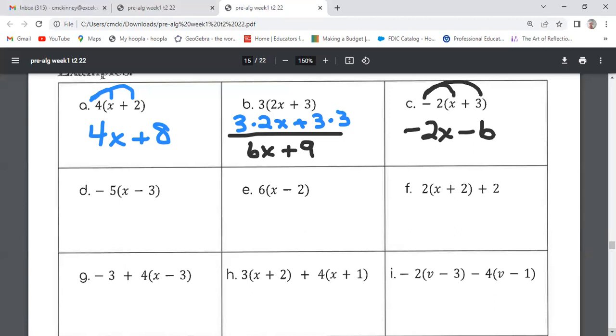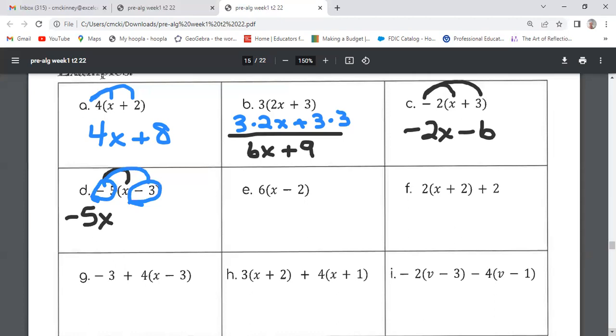All right, second row. Now we have a negative on the outside, and I want to get your attention. Please be sure you catch this, because this is a common kind of problem that people make mistakes on. So when I do -5 times x, that part's not the hard part, -5x. The next part, though, is very important that we consider this as -5 times -3.